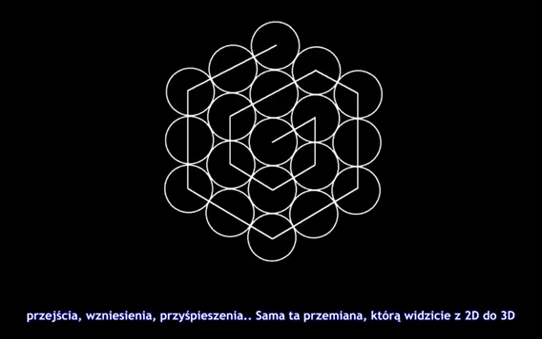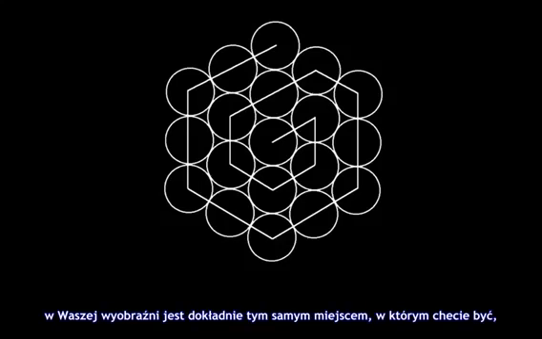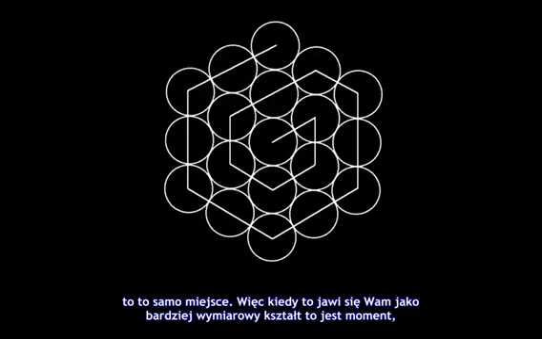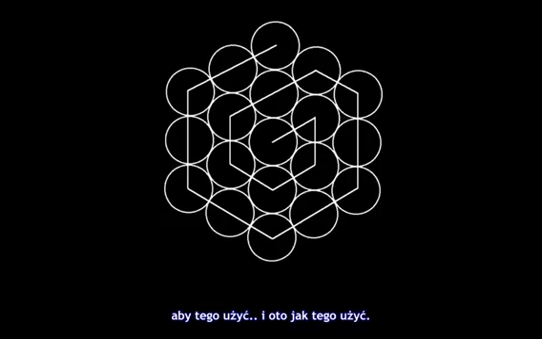That very shift itself, seeing something go in your mind's eye from 2 to 3 dimensions, is exactly the same place you want to be in the brain, in the neurology, to go from 3 to 4, 4 to 5, and so on and so on. It's the same spot. So when this is appearing to you to be a more dimensional shape, that's the time to use it, at that moment.